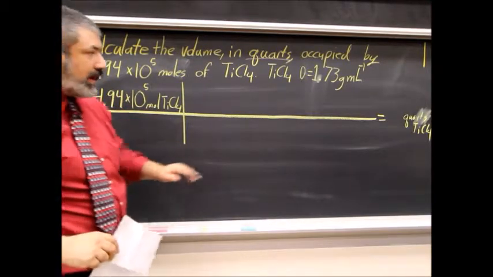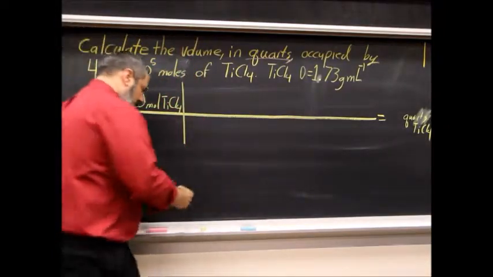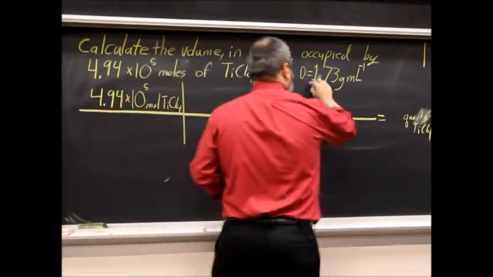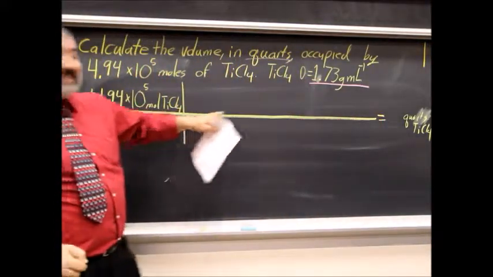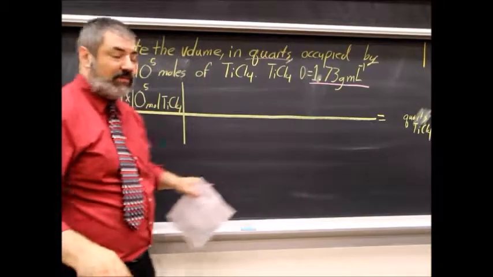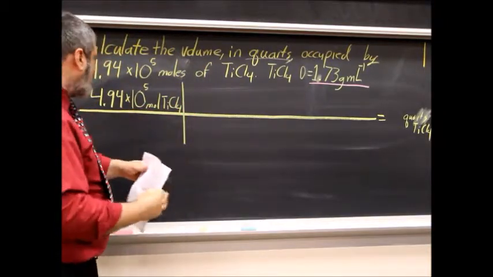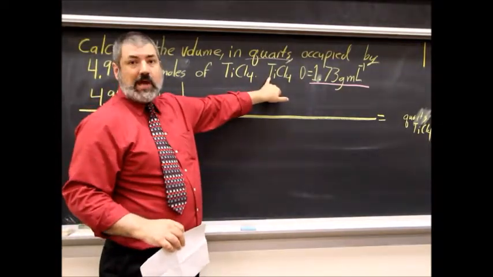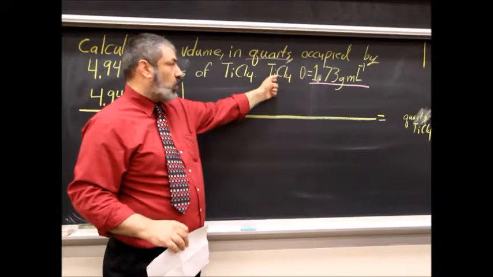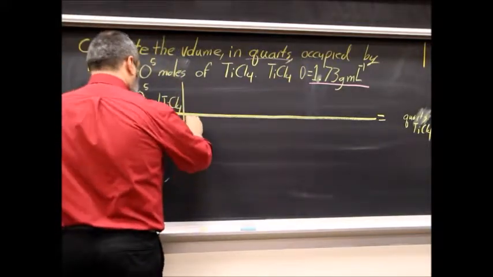Moles of titanium chloride to a volume. Well, before we can use density, moles, density is in units of grams. So we're going to need the molar mass. And I've already gone ahead and calculated it, but look up titanium on the periodic table. Look up chlorine. So there's 1 titanium and 4 chlorines. And that's going to give us this relationship.